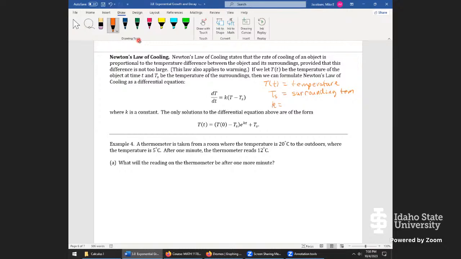I'll call it just relative decay rate. So the surrounding temperature, we're going to think of that as being constant. Same with the K value, the relative decay rate or growth rate. In the prior problems, that one was also constant. So these two will be constants whenever we differentiate.